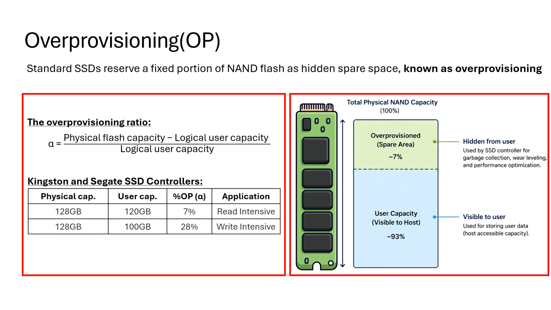Depending on the application, the SSD controller companies define this alpha. For the same physical capacity, the over provisioning factor can be different depending on read intensive and write intensive applications. Kingston and Seagate develop a lot of SSD controllers, and they define what the alpha should be.